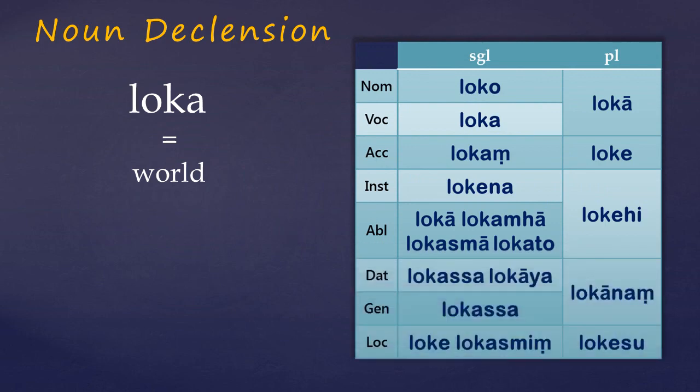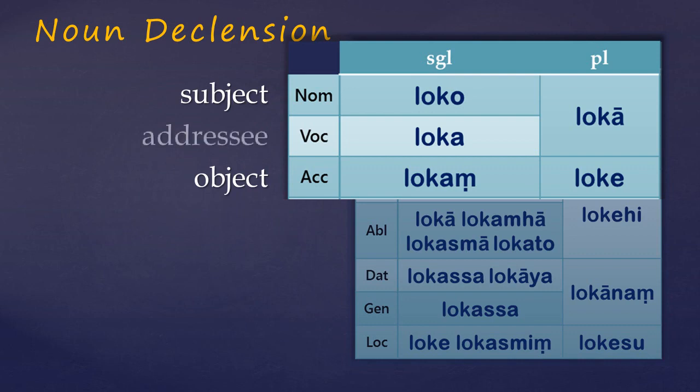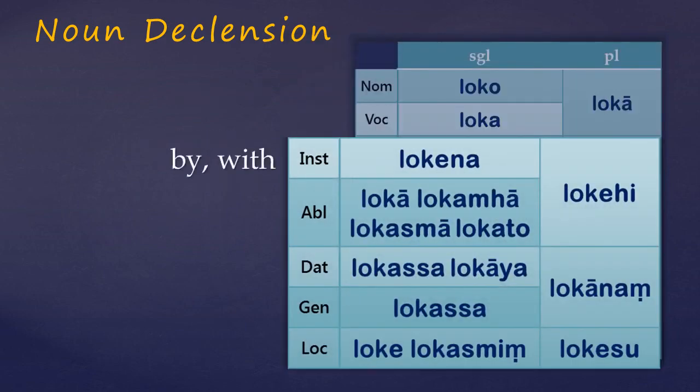Case here is used to indicate the function that the word is playing in the sentence. We've already seen how the nominative is used to mark the subject of the verb, and the accusative its object. The vocative is a simple case that indicates the person being addressed, the addressee, and we can say very generally for the remaining cases they're used where English would use a preposition.